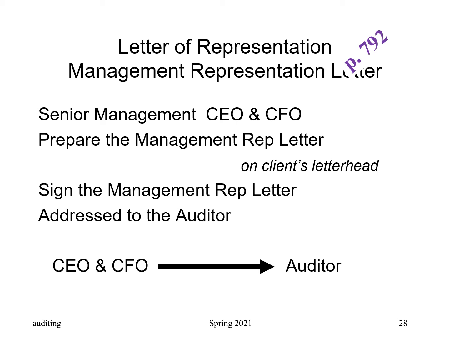The senior management of the company prepare the management rep letter on the client's letterhead. The CEO and CFO sign the management rep letter. It's addressed to the auditor. So it's prepared by the client and sent to the auditor.